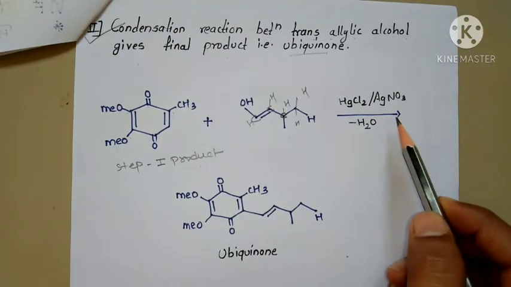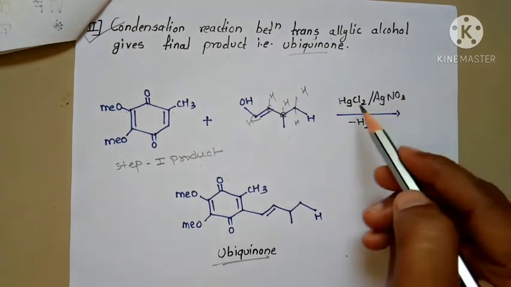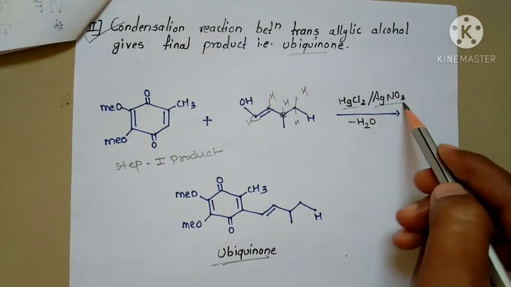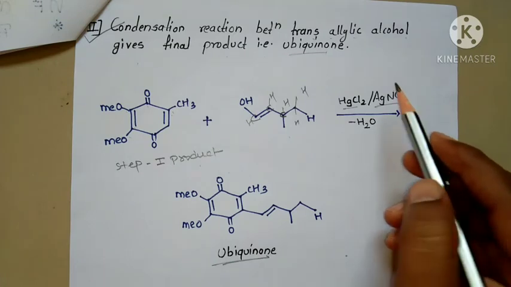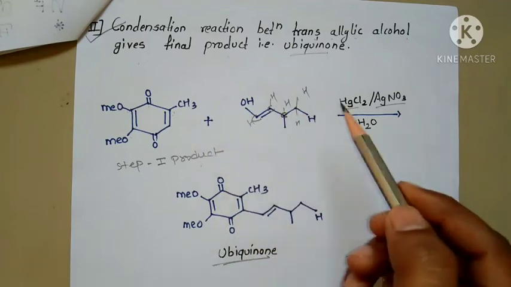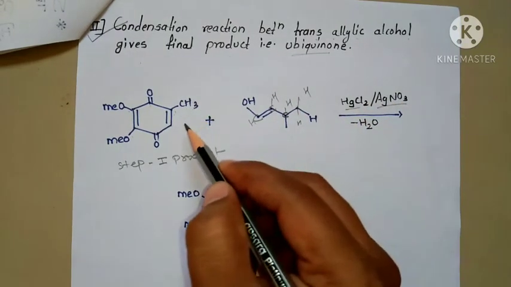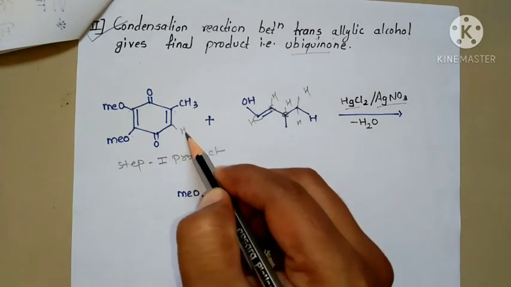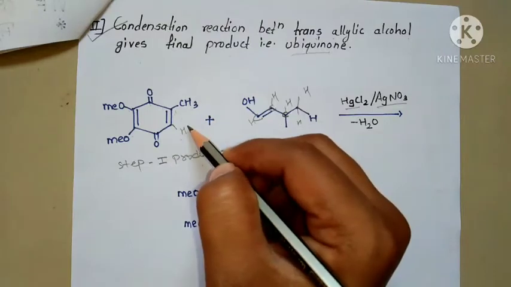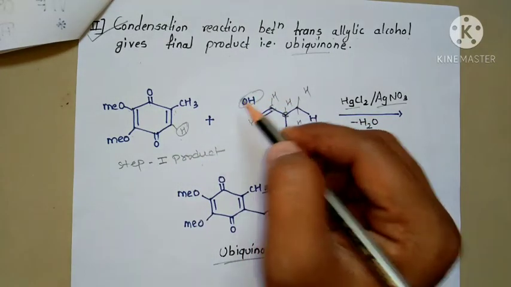Then you will get ubiquinone in the presence of mercurous chloride or silver nitrate, with removal of water molecule. How to remove water molecule? At position 6, there is 1 hydrogen, that means your hydrogen and OH are removed.